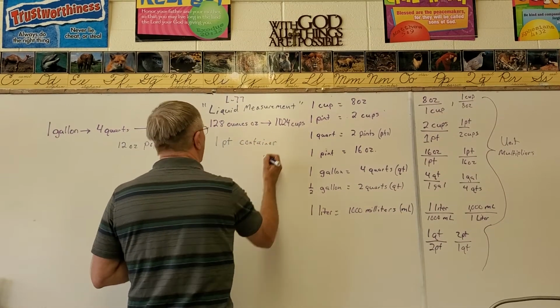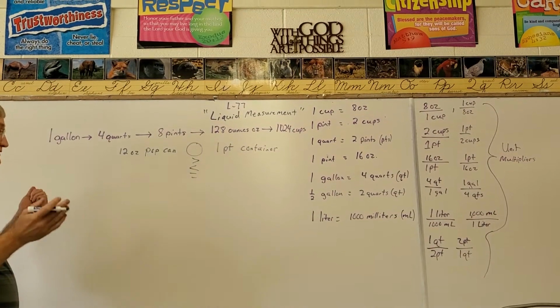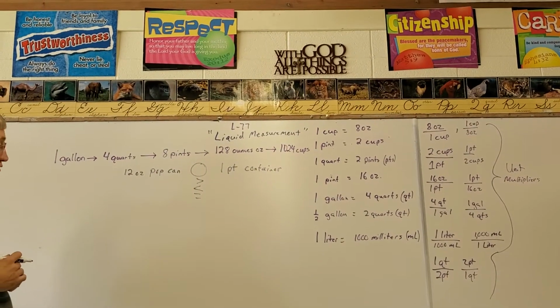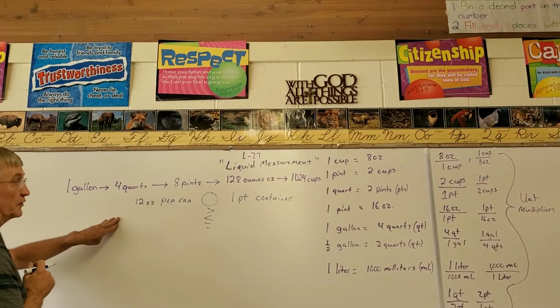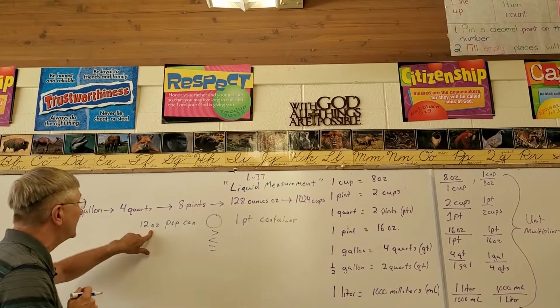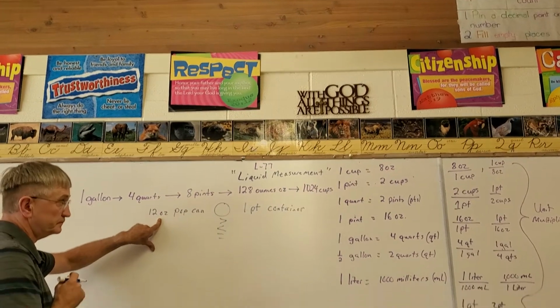Now we just got to set up the math. We got to decide how much is a pint in terms of ounces, so we look for the unit multiplier for ounces to pint.